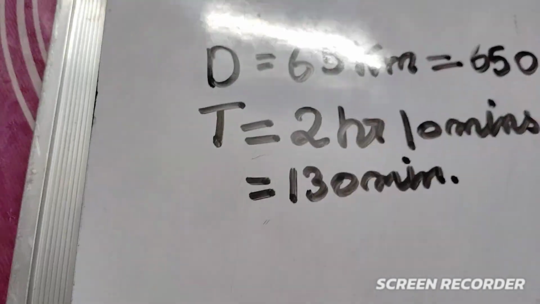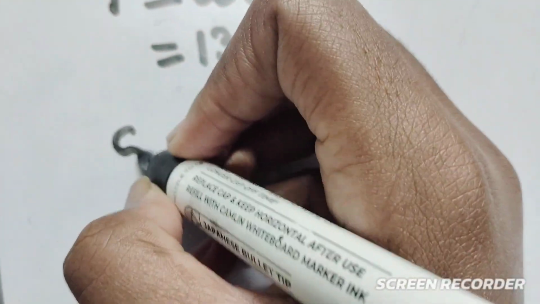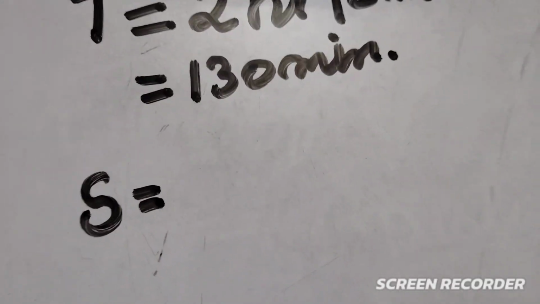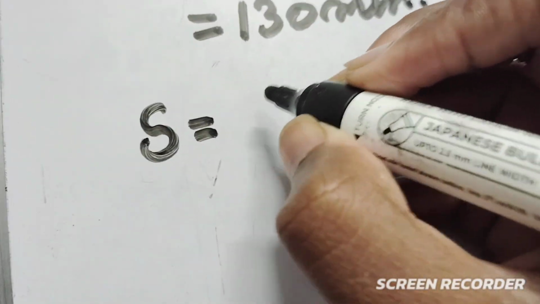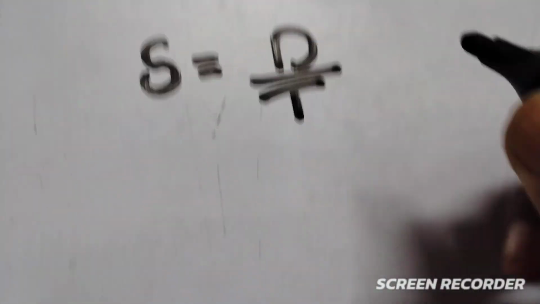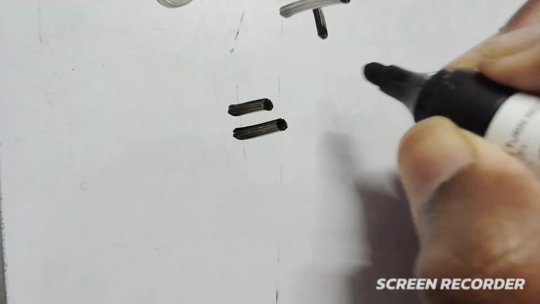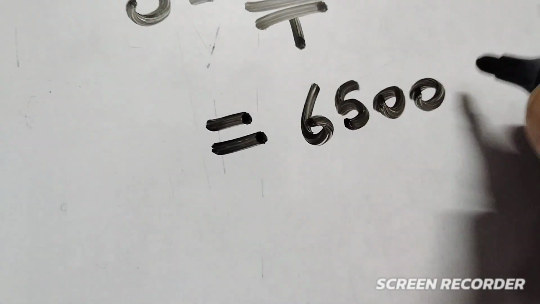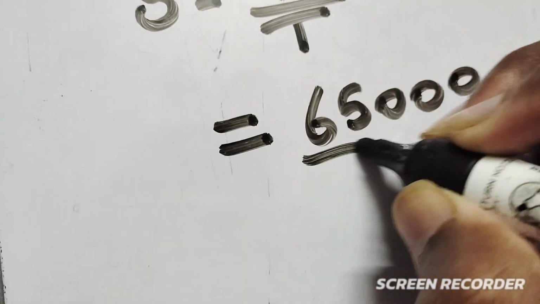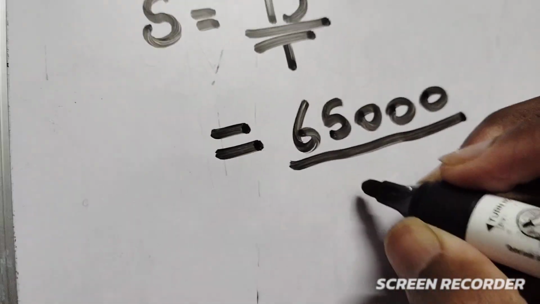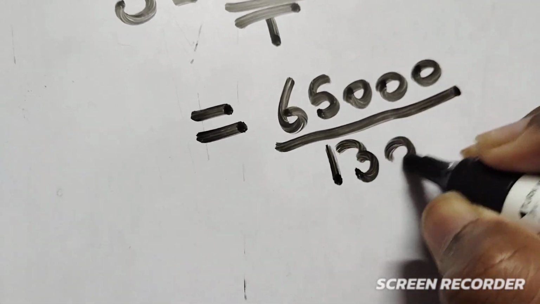Okay, now we have to take out the speed, and we have converted these, so the speed will come in meter per minute. To take out the speed, the formula in short is distance covered upon time taken. So the distance is 65,000 meter upon 130 minutes.